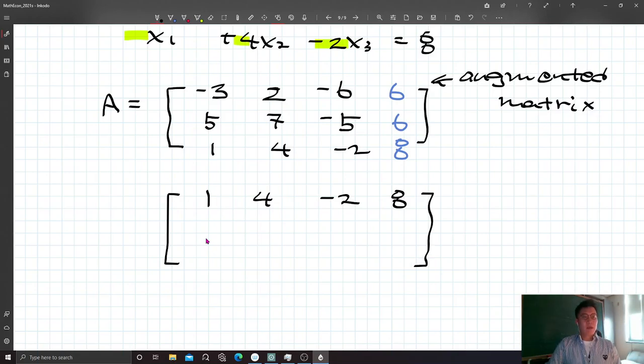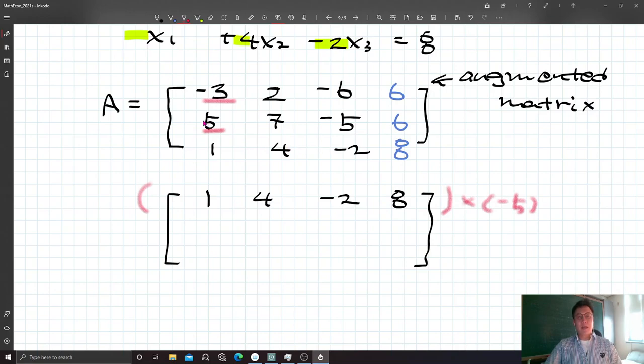All right. Because we have to eliminate number 5 in the second row and number 3 in the third row, we have to kill these two. How do we do that? We multiply the first row by negative 5.